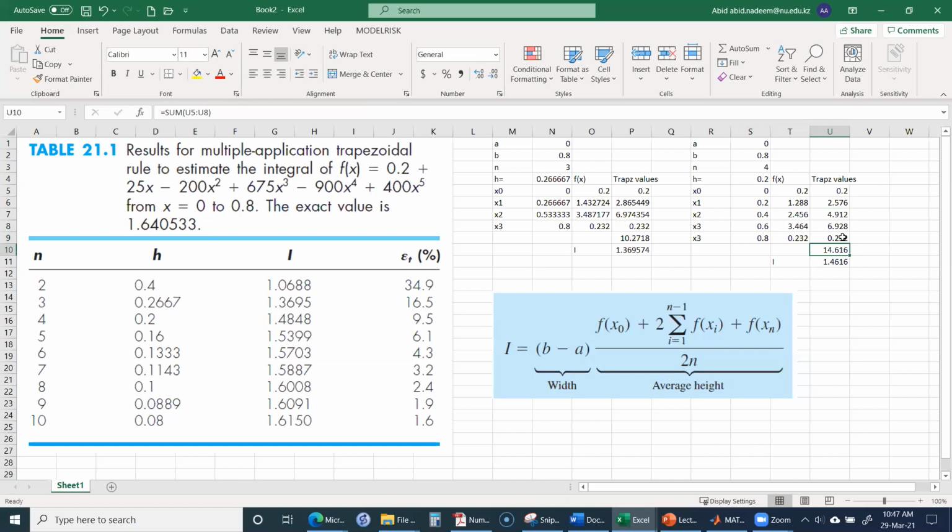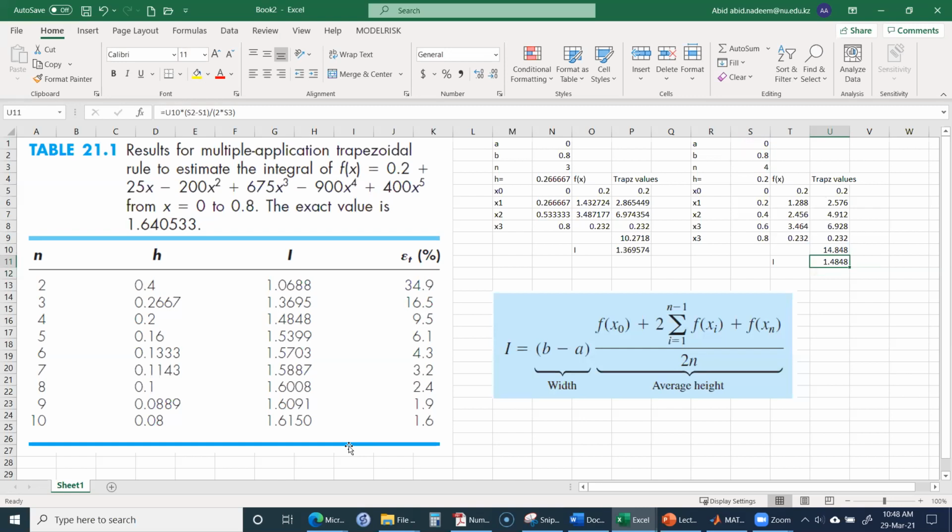Now I can add them as a sum of these values, and it is 14.484. So this value multiplied by b minus a divided by 2 times n gives 1.4848. Similarly, you can calculate all these other values.